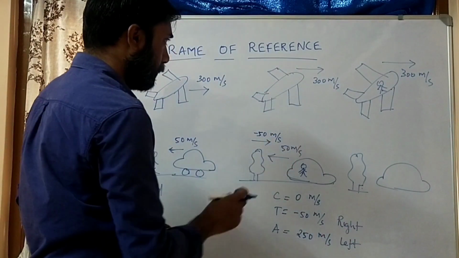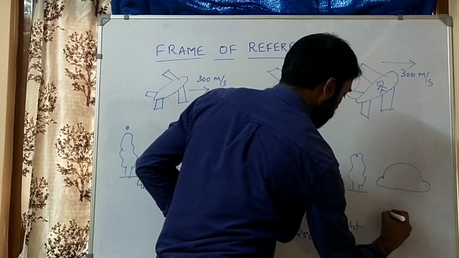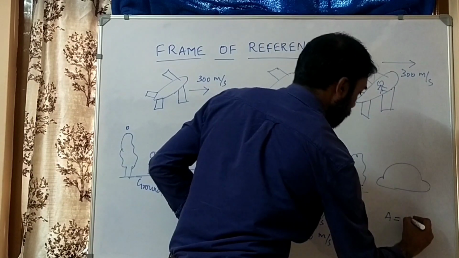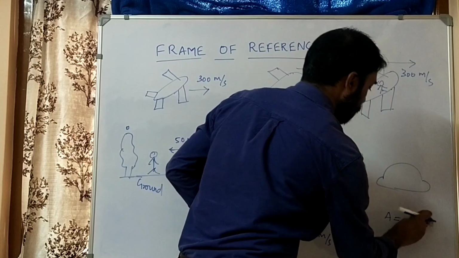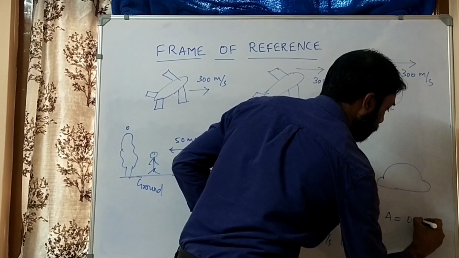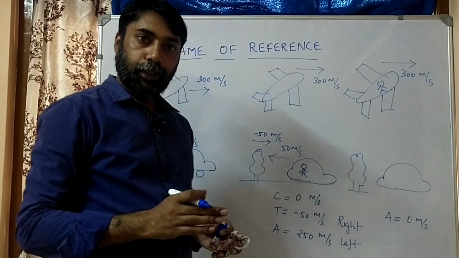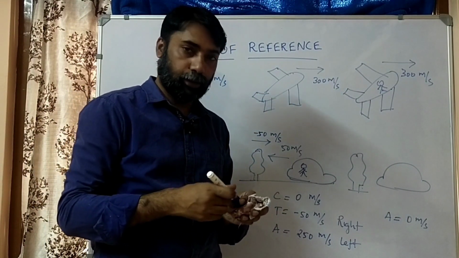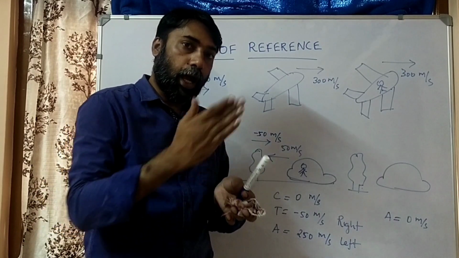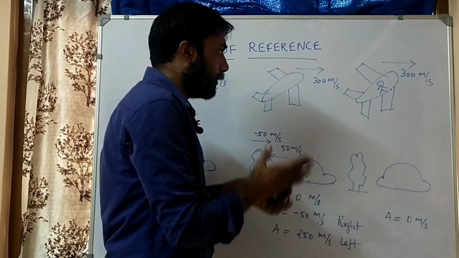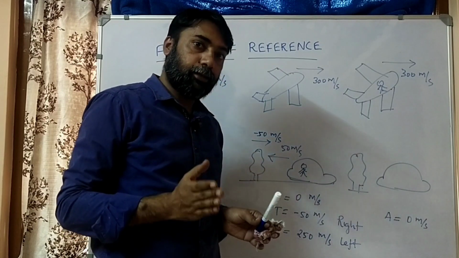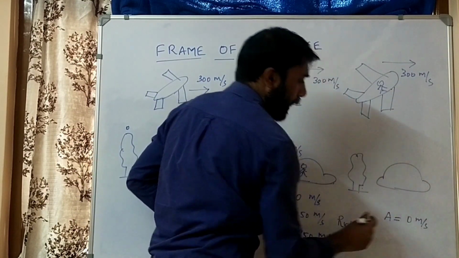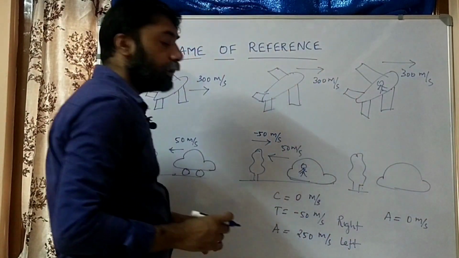Now if you observe here, the speed of the aircraft will seem to be 0 meter per second. Yes, you're sitting in the plane and the plane is moving with you in the same place. There's no displacement between you and the aircraft, the place where you're sitting remains there itself. It is not moving anywhere. Now we can say the aircraft seems to be at 0 meter per second.